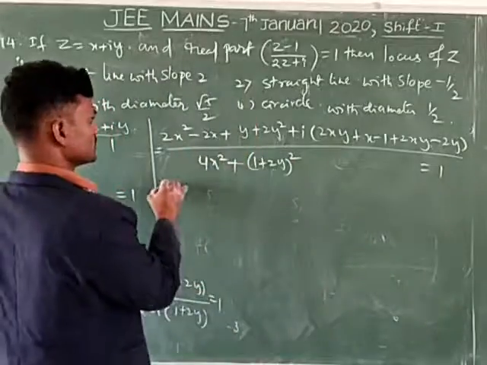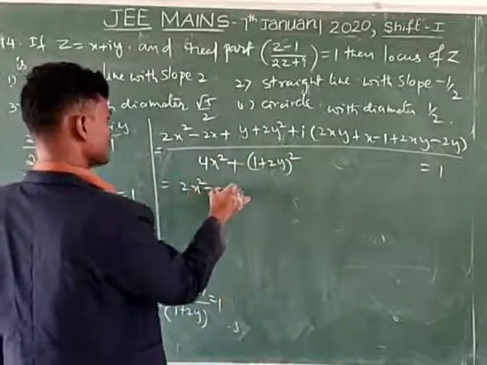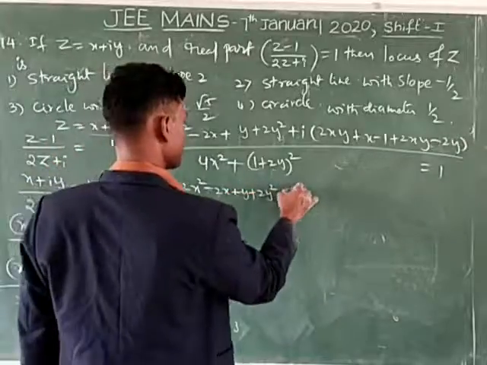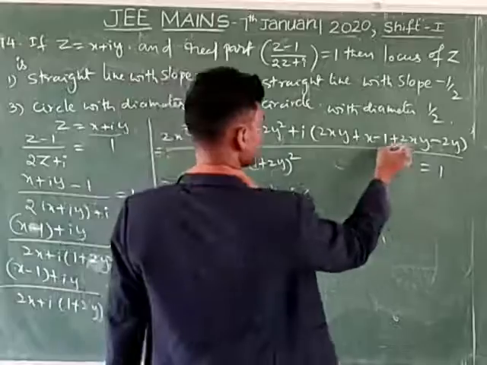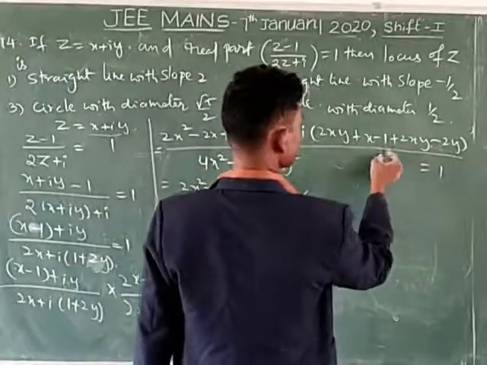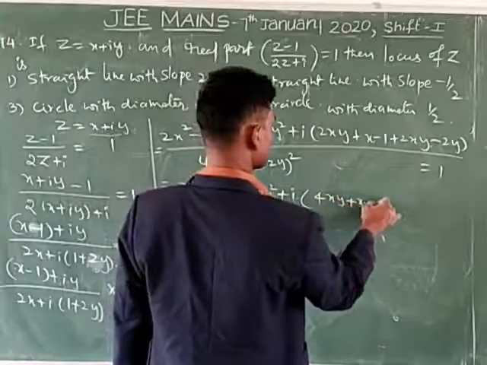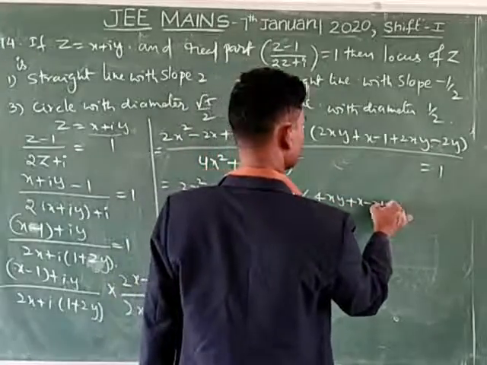Now the real part is 2x square minus 2x plus y plus 2y square, and plus i into (4xy plus x minus 2y minus 1).